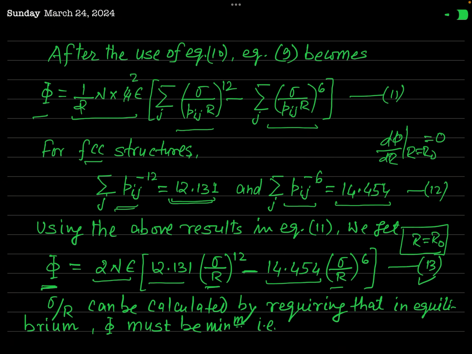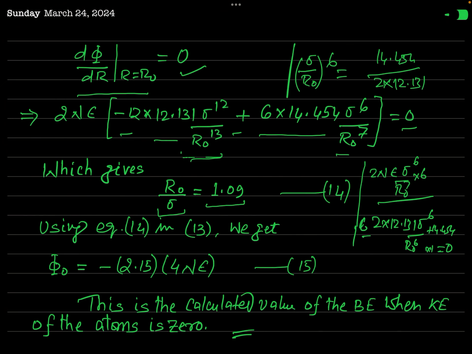Now we will put the value of R naught over σ, or σ by R naught, in this equation 13. In this equation 13, taking R equal to R naught, we will get the binding energy. Now the binding energy is written by the symbol phi naught instead of phi, and after simplification you will get this equal to minus 2.15 into 4nε.